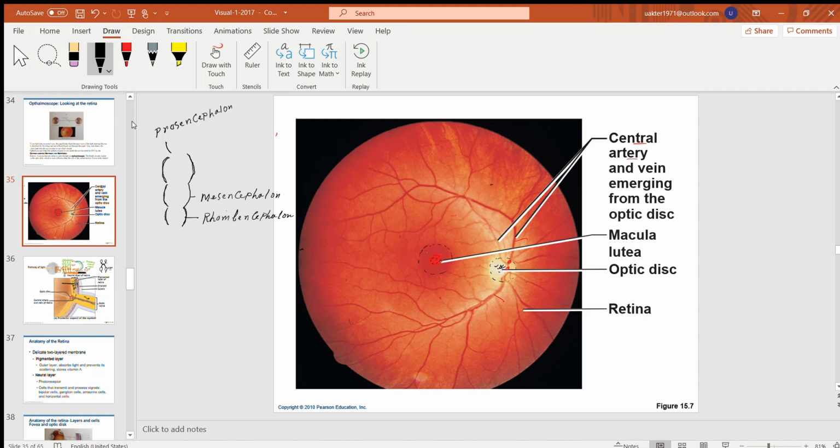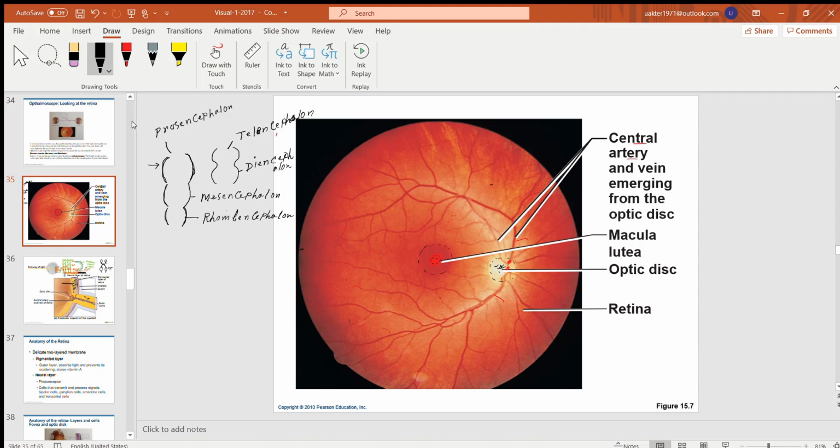Now what happens, the prosencephalon forms two separate vesicles like this, divides into two. The upper one is called the telencephalon, and the lower one is called the diencephalon.